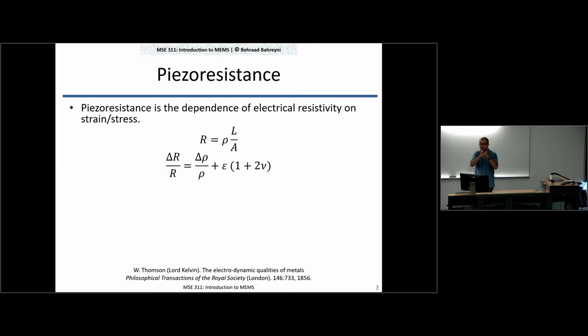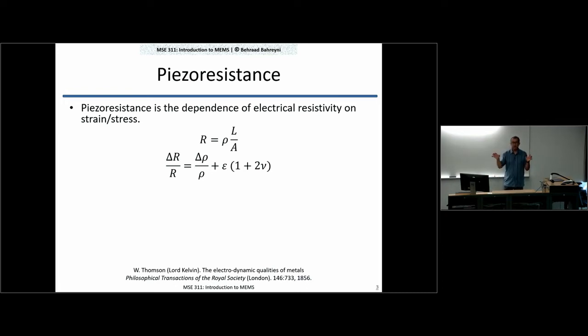Remember, rho is resistivity, so delta rho over rho is the change in the resistivity of the material because of strain. And then there's a second term, epsilon times 1 plus 2 nu. That second term is geometrical, right? You have that change in resistance because the geometry of your device has changed. Your resistor is now a little bit longer and has a smaller cross-section, and for that reason, the resistance definitely will change.